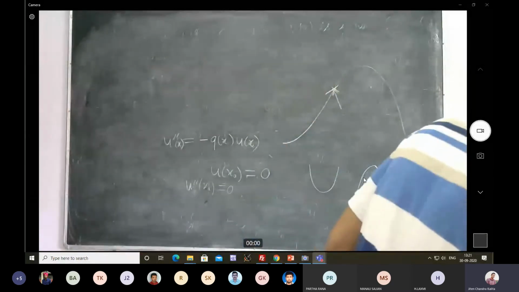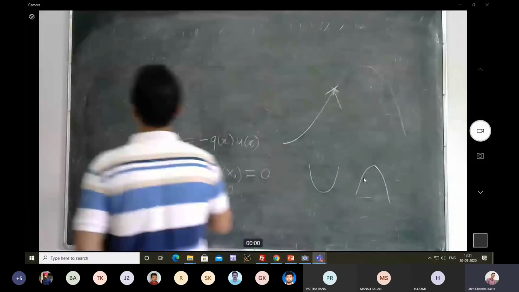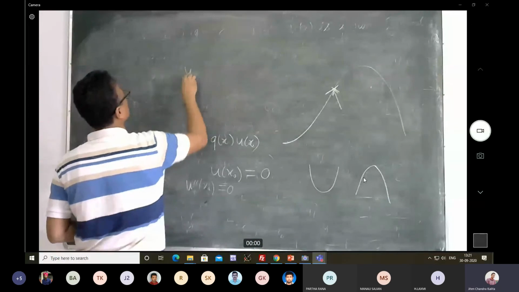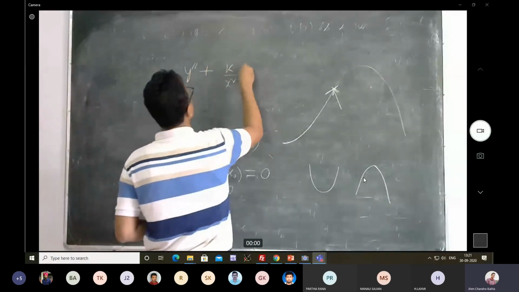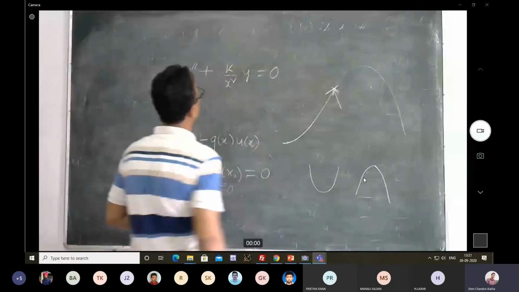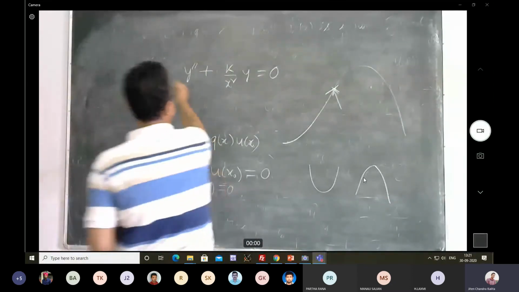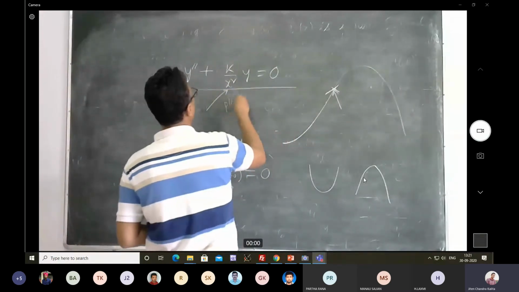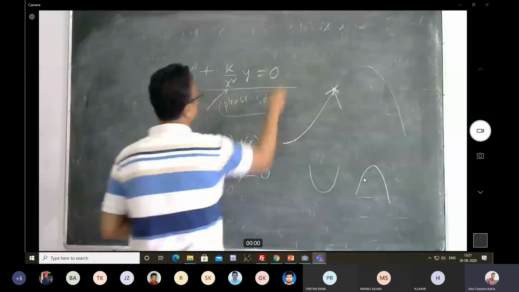I still have another 4 minutes. I'm going to consider this equation in one of my exercises later on. So can you solve this equation?